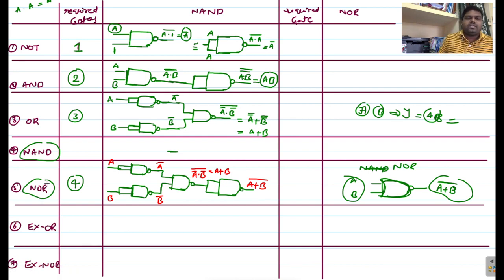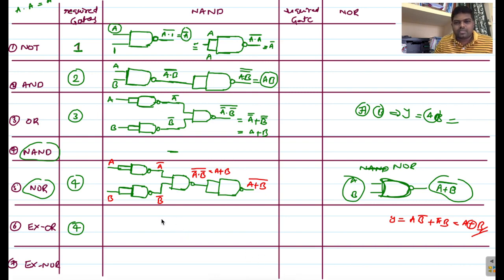In the same way, consider the XOR gate. The logic here is Y equals A B bar plus A bar B, which equals A XOR B. This can be implemented with the help of NAND gates. For that we require 4 NAND gates, right? 4 NAND gates are required.